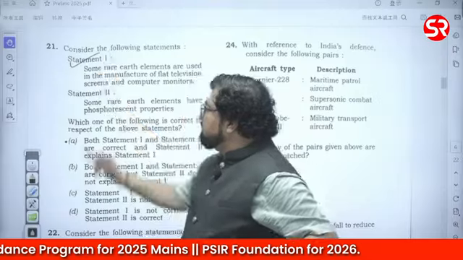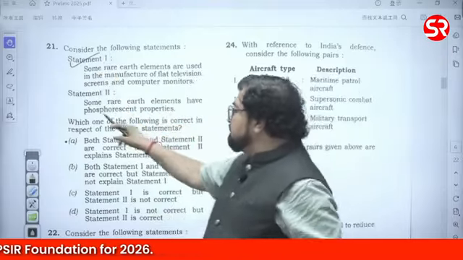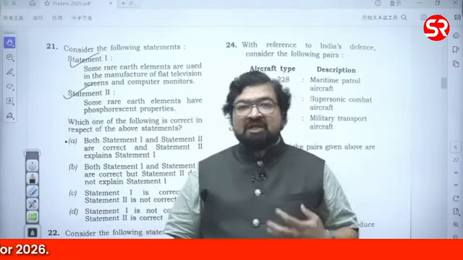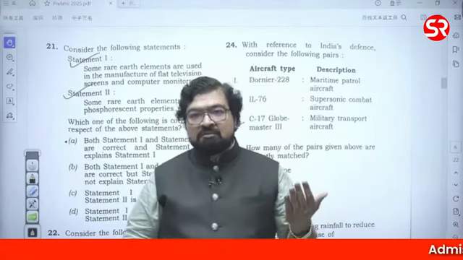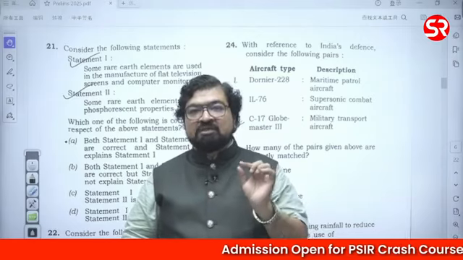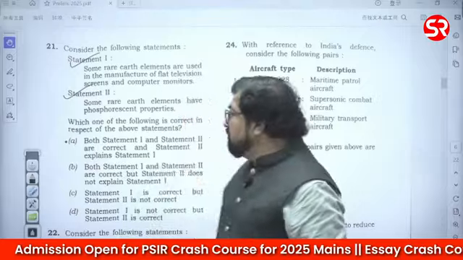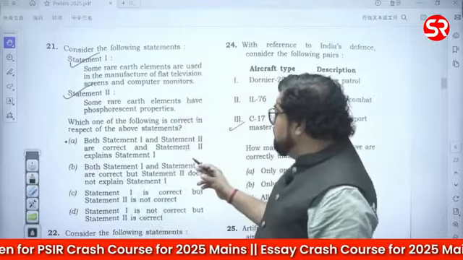So this statement is correct. Now, statement number 2, some rare earth elements have phosphorescent properties. Is correct. That's what they are used in the panels, right? In display systems they are used because they can emit light at specific wavelengths. So both the statements are correct, right?